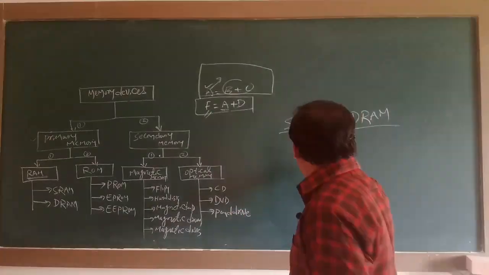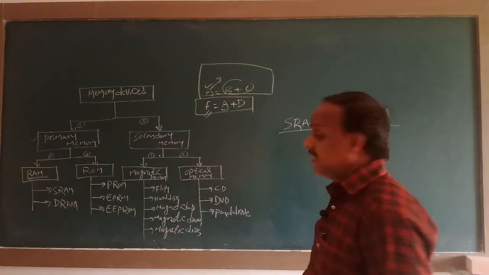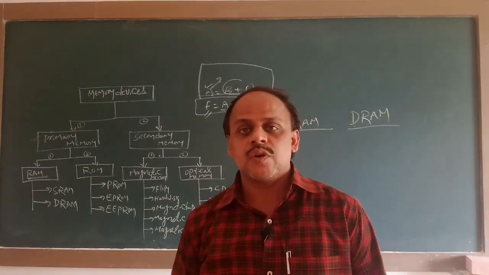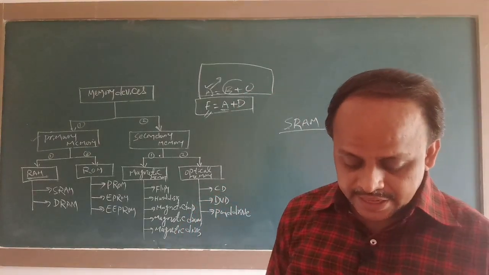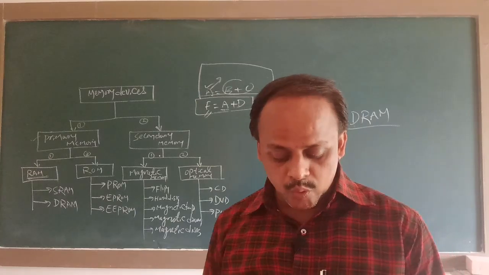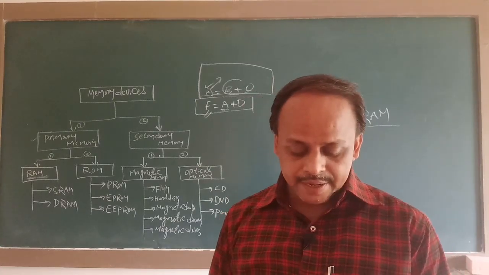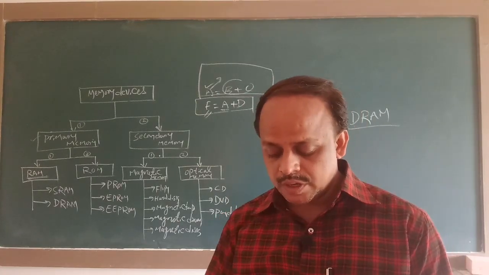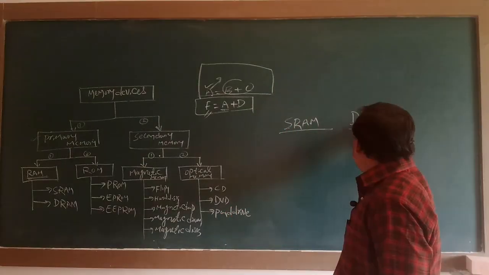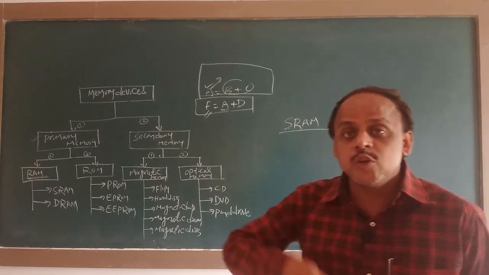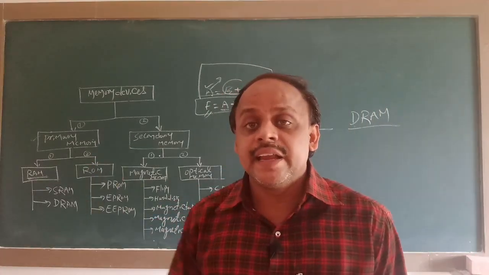Whereas you take this DRAM. DRAM stands for dynamic random access memory. The DRAM slowly leaks over time and must be refreshed from time to time. Means whatever the content is there in DRAM, it is going to slowly degrade.